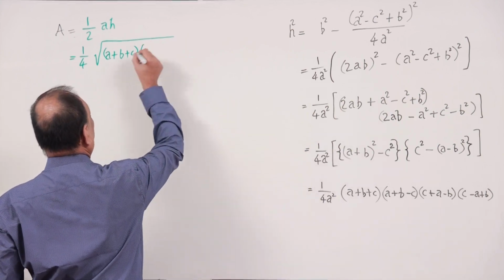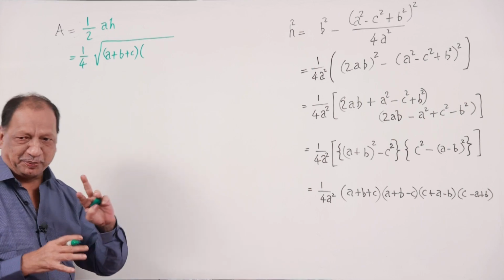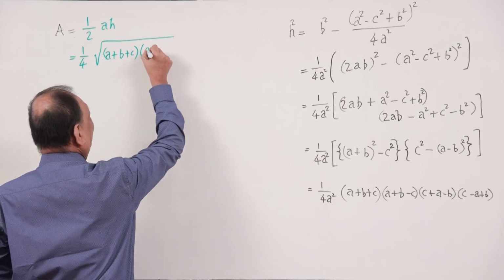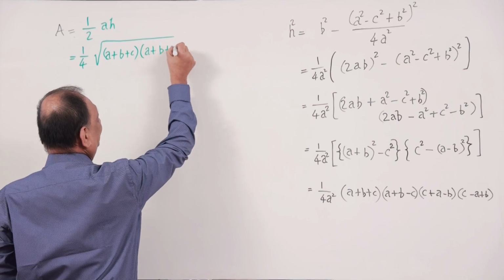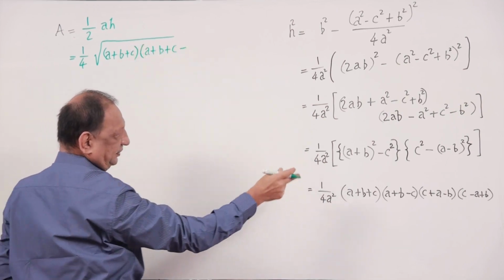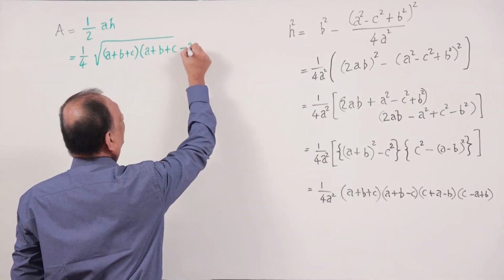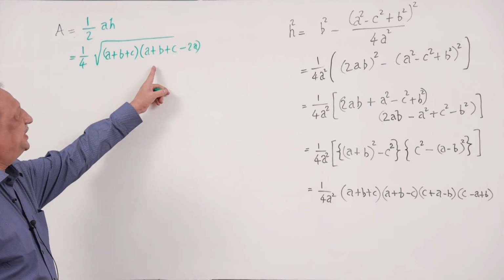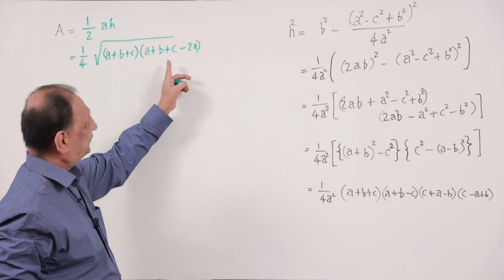We'll write that same, since anyway I have computed the value of a plus b plus c. I have to calculate it in any case. So I will write the rest of it as a plus b plus c minus 2a, which will actually be b plus c minus a.